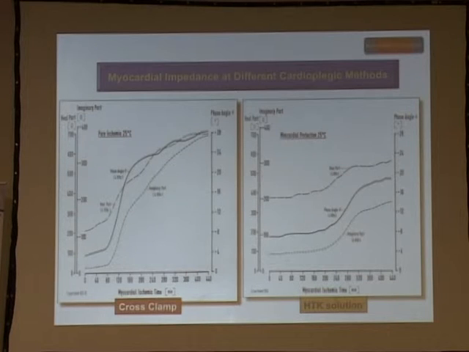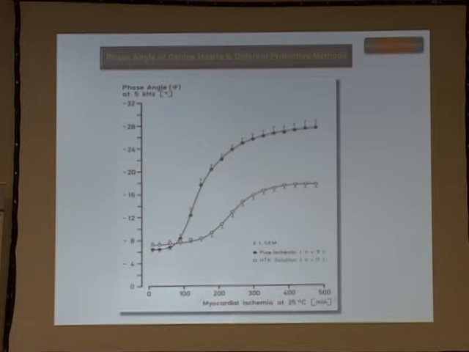And now the question: if we compare this at 25 degrees, pure ischemia versus HTK solution, you see it is in principle the same course, but a big difference in phase angle and the change of the phase angle. And the question is, is it true for human myocardium as well?